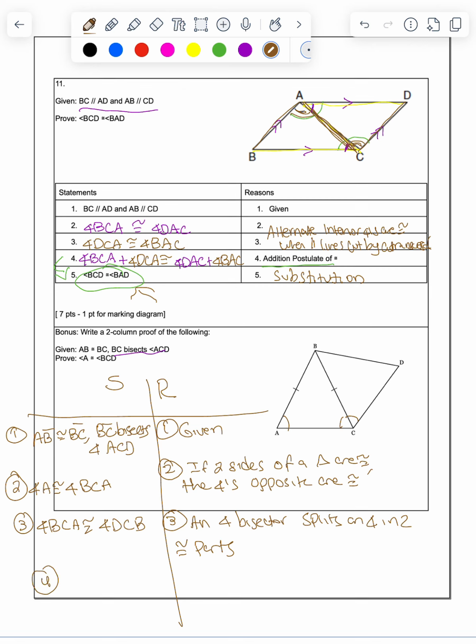And then finally, since angle BCA is congruent to DCB, and angle BCA is also congruent to angle A, angle A and angle DCB have to be congruent to each other. If two things are congruent to the same third thing, then they must be congruent to each other. And that is the transitive property. And that's the whole proof. I hope you see that marking the diagram is really helpful.